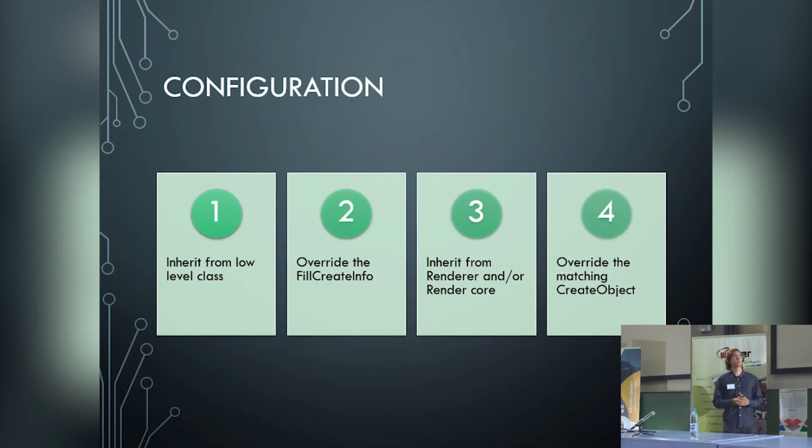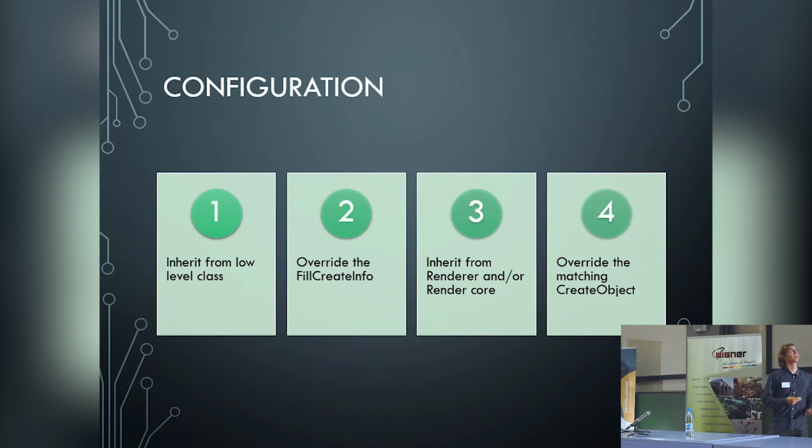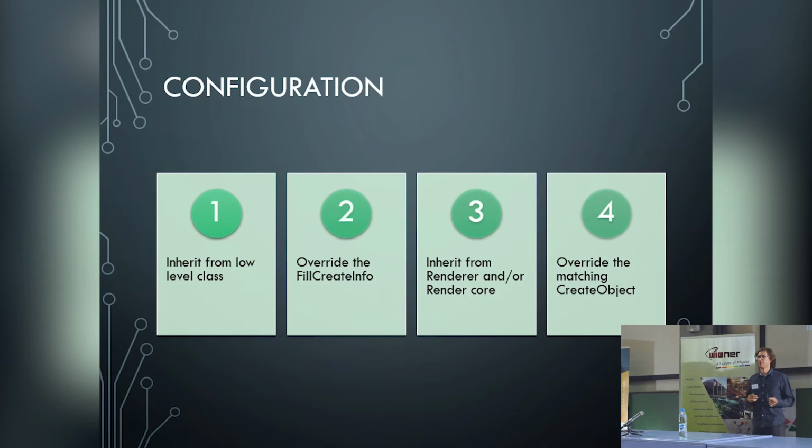And how can you configure everything? First you have to inherit from the class you want to configure and override that fill create info function with the setup you want, and then you have to inherit from the renderer or the render core, depending on which holds your type of Vulkan object, and override the renderer's or the render core's create object function.